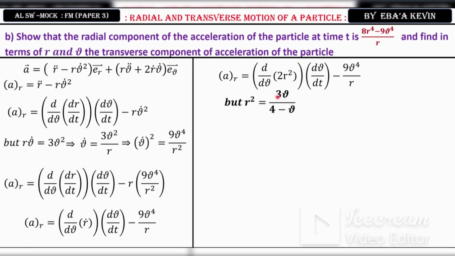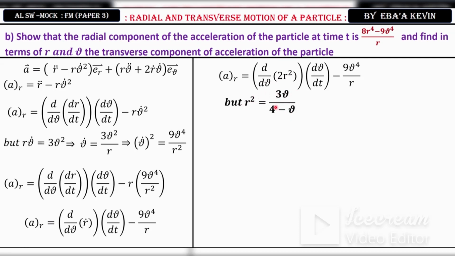We proved this, if you remember, which was the polar equation of the path of the particle, which we proved in the first part of the question. So we know that r squared equals 2 theta divided by 4 minus theta.